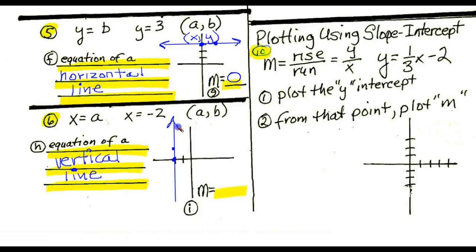And as we did above, what is the slope of every vertical line? And as we mentioned, it was undefined. So a couple of little things to study and keep in mind as we move forward.